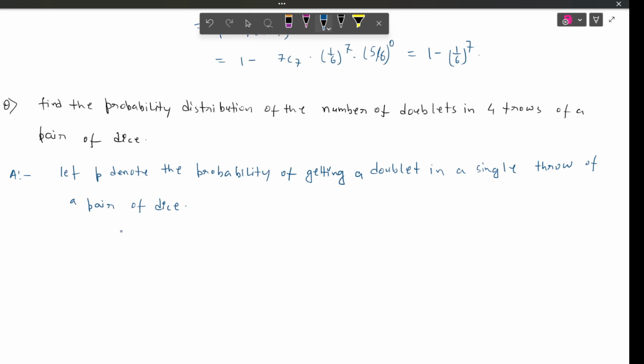Okay, so what would be P? It would be 6 by 36, so it would be 1 by 6, and P plus Q is 1. So that means Q is 1 minus P, that is 1 minus 1 by 6, is 5 by 6.